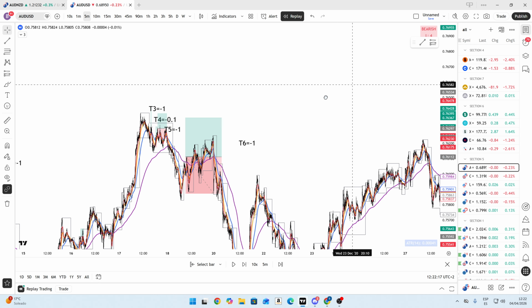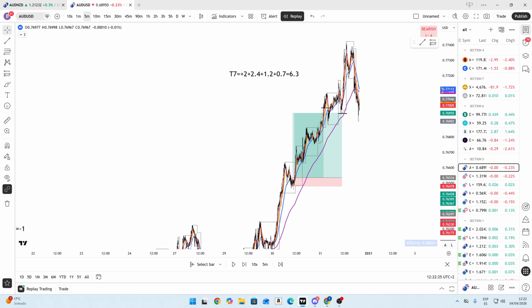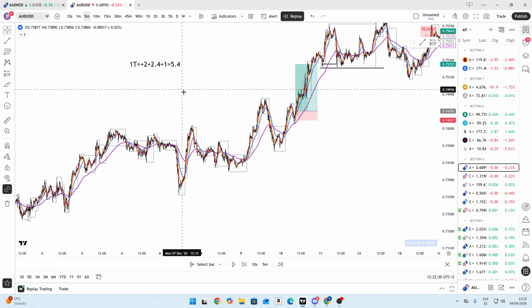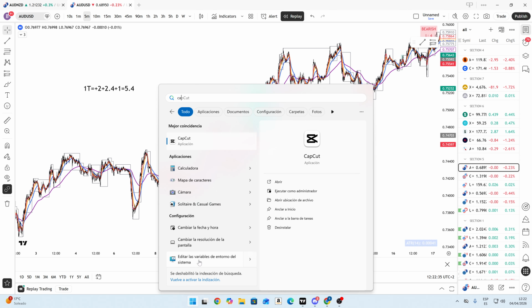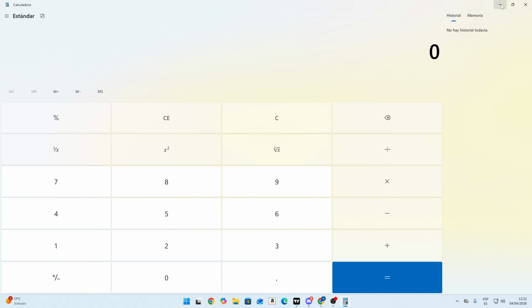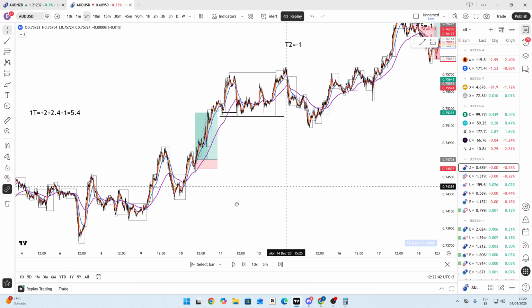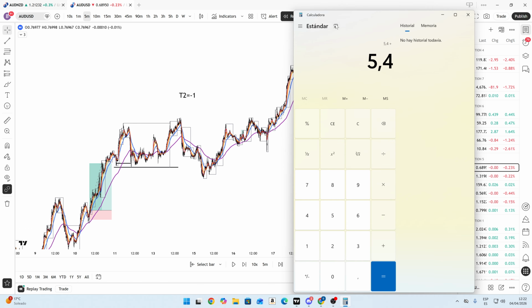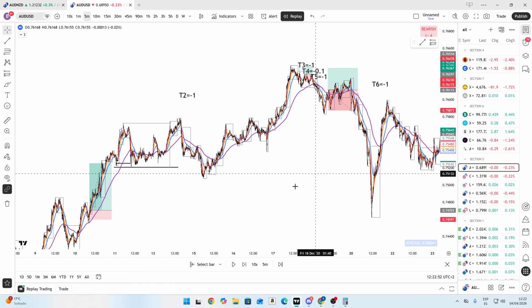Equals, and trade number 7 was... Okay, so we got 7 trades. Let's just sum it all up one by one slowly, so we can fully make it fair. So it was 5.4 plus, trade 2 was a -1, so -1. Then we got another, so we got 4 losses.